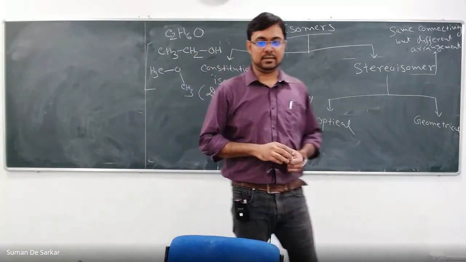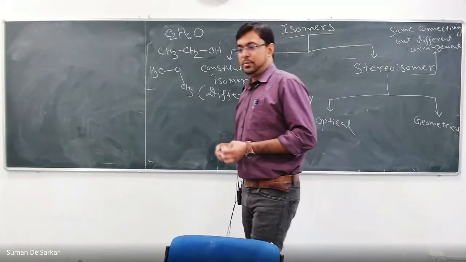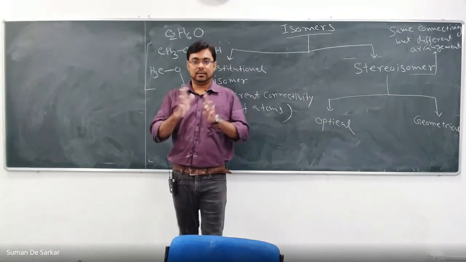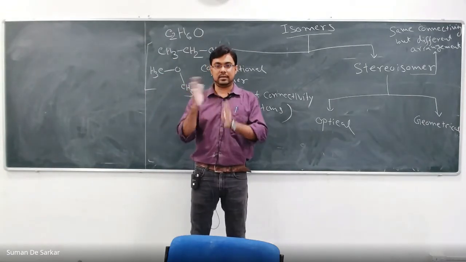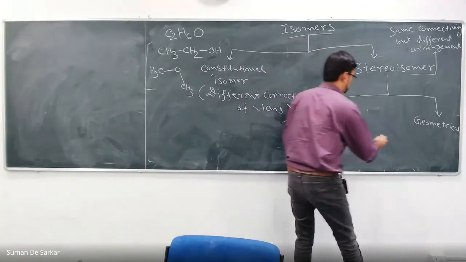Let us first discuss that one. From the name itself you can guess that geometrical means its origin must be something connected with geometry. Let me give you an example and things will be more clear.